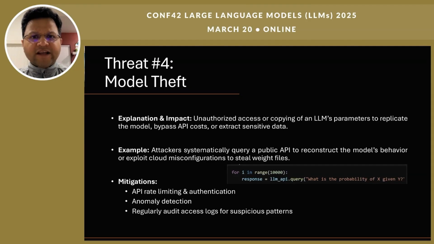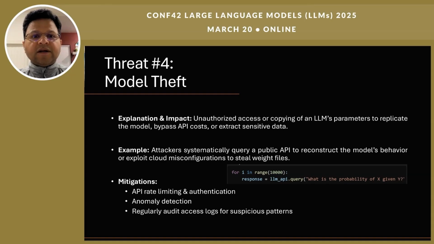Model theft or model extraction occurs when an attacker gains unauthorized access to the LLM's parameters. Because training large language models is costly and time sensitive, parameters are valuable intellectual property and they may also encode sensitive information.